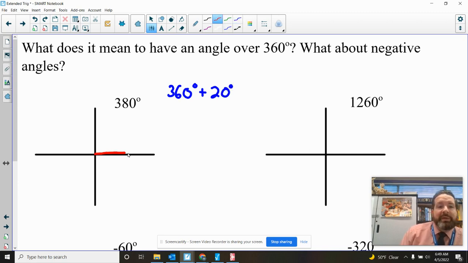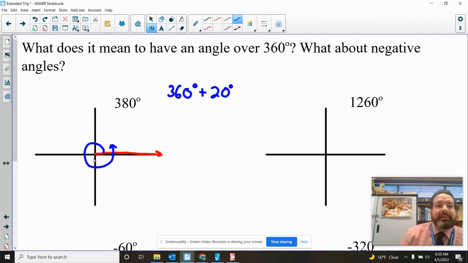So I'm going to start in my standard position, positive x-axis. And for this 360, that means I'm going to go all the way around. That's 360 degrees. I'm essentially back where I started. But I've got another 20 degrees yet that I need to travel. So another 20 degrees, I'm going to have to estimate, maybe something like that.